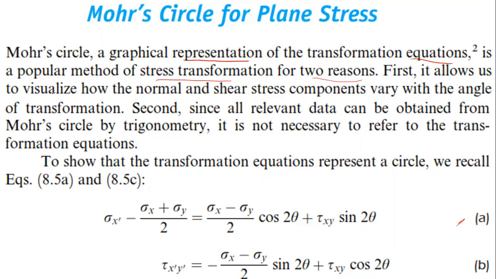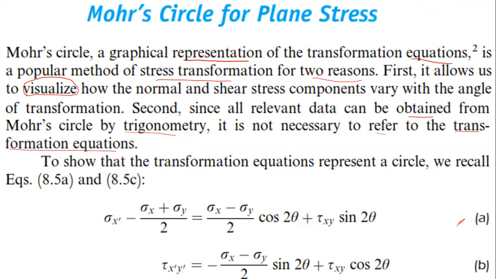First, it allows us to visualize how the normal and shear stress components vary with the angle of transformation. Second, since all relevant data can be obtained from Mohr's circle by trigonometry, it is not necessary to refer to the transformation equations.